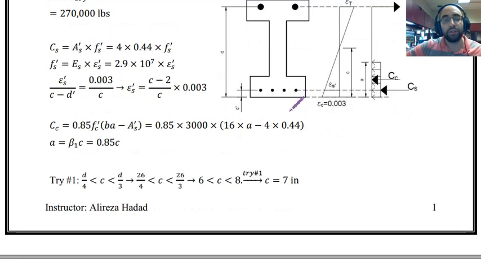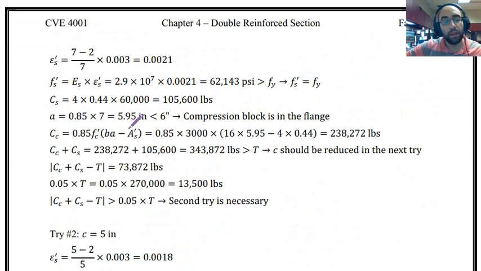And now that we guessed some value for C, we know that A is actually lower than the depth of the lower flange. So now that I know this is the depth of my compression block, I can use this equation, and B is just the width of the compression flange, which was 16 inches.